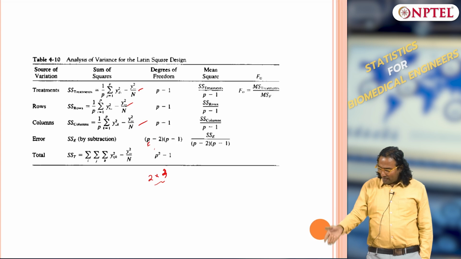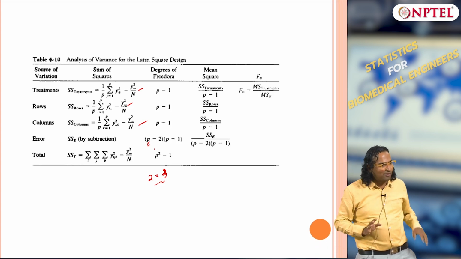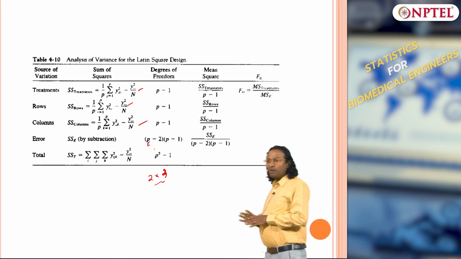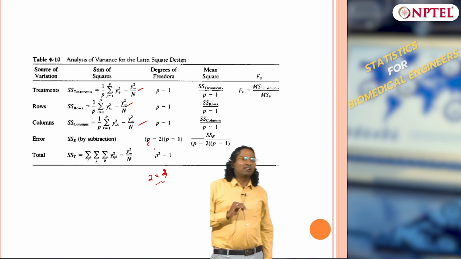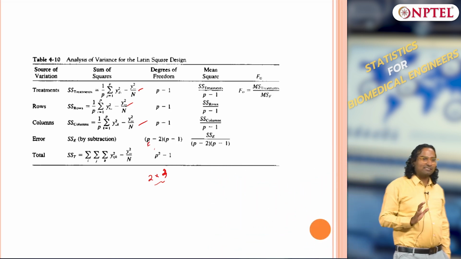We just replaced 2 dots with 3 dots, that is all I did. But what is interesting here is that your degrees of freedom go down drastically.